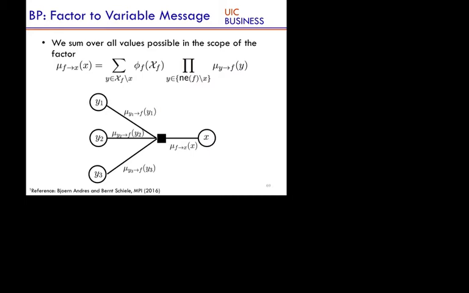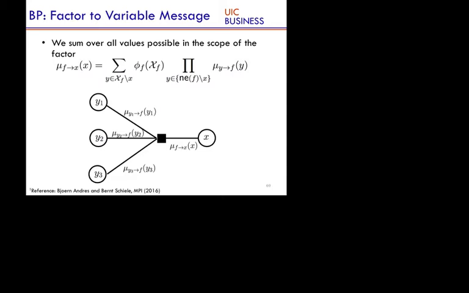We just showed a factor which is connected to 4 variables, but whatever the number of variables, it can be 2 variables. A factor is always connected to variables, right? In this case, it's connected to, let's say, 4 variables. Now, if it wants to pass a message to a node, let's pick one of the variables to pass the message to.